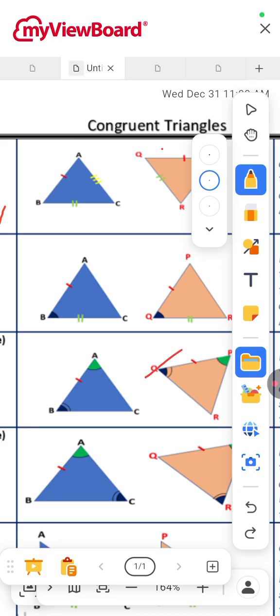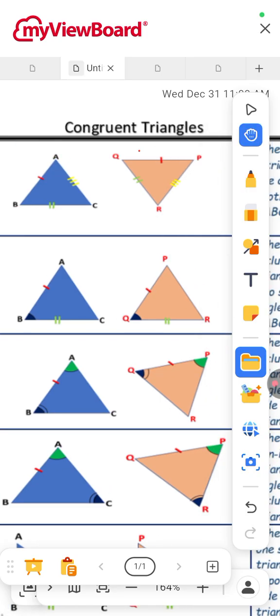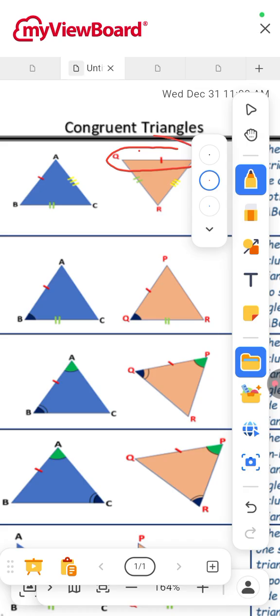That's telling us that the side AB from this triangle is equal to side QP in the second triangle. So side AB in the first triangle is equal to side QP in the second triangle.